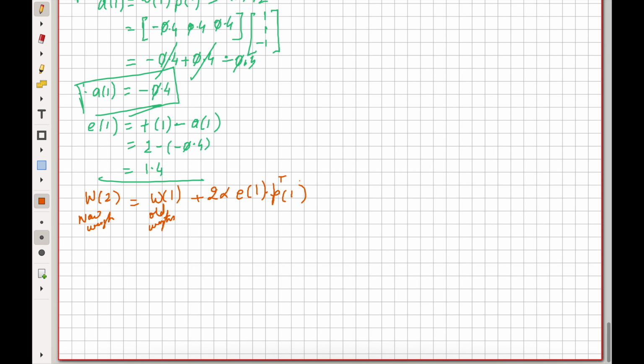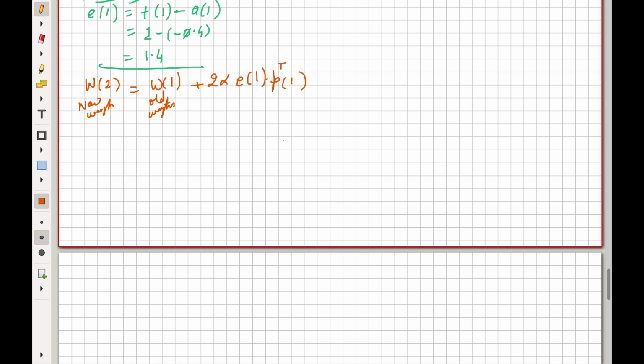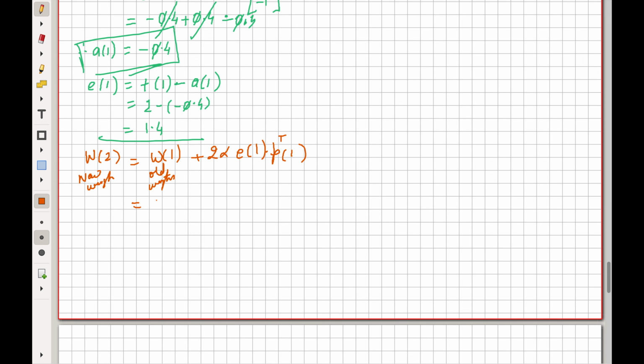See that the inputs that we are using change. So we again have the same W1 that we calculated earlier, which is -0.4, 0.4, 0.4, plus 2 alpha.